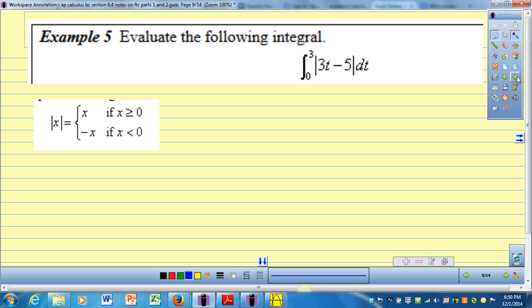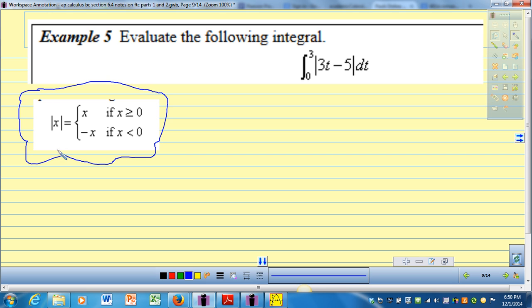All right. I believe the last one we were able to do in class was the definite integral from 0 to 3 of the absolute value of 3t minus 5. So the helpful hint for this integral is there's a couple of things we can do. The first is we can use the definition of absolute value, which we have right here.